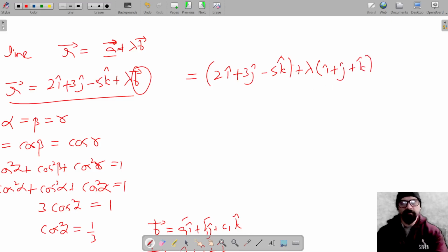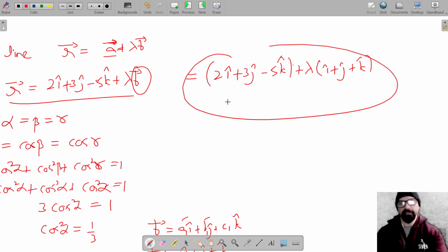So the vector equation of the line is 2i plus 3j minus 5k plus lambda into (i plus j plus k). This is the required vector equation of the line.